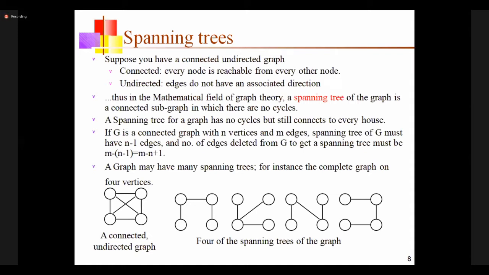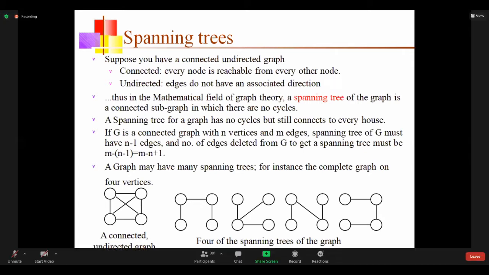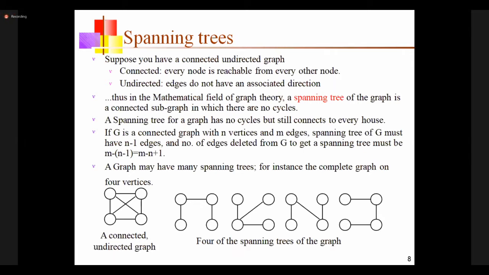So which edges should be removed is a question, right? We can remove some of the edges so that our graph does not contain any cycles. So finally, how can I define a spanning tree? A spanning tree is a subgraph of the original graph in which there are no cycles.